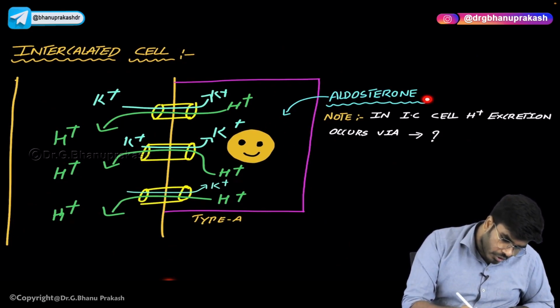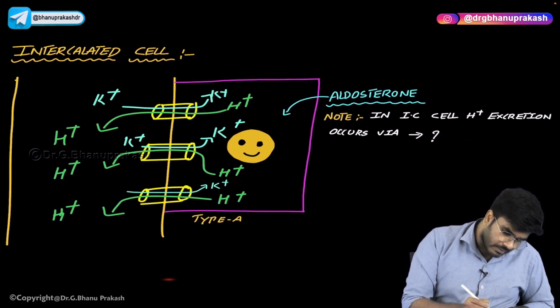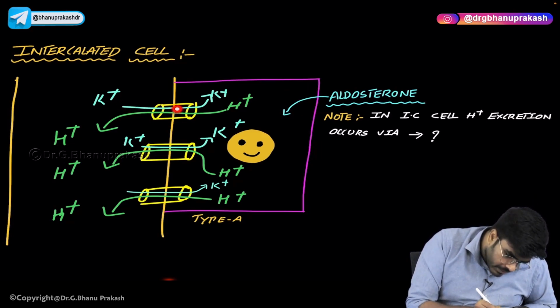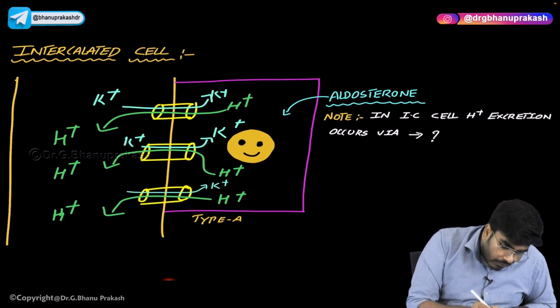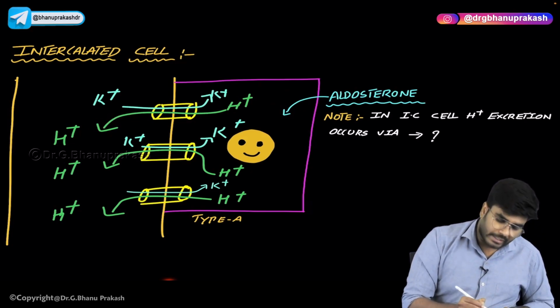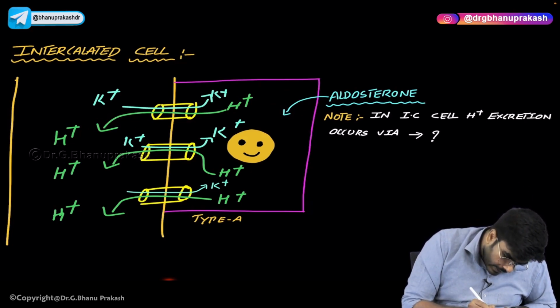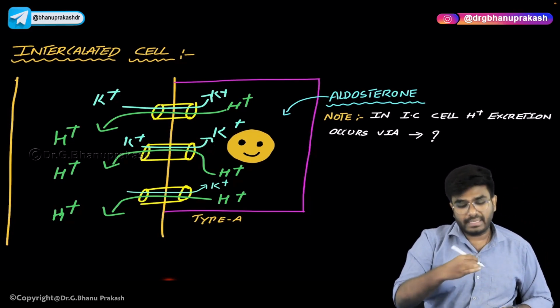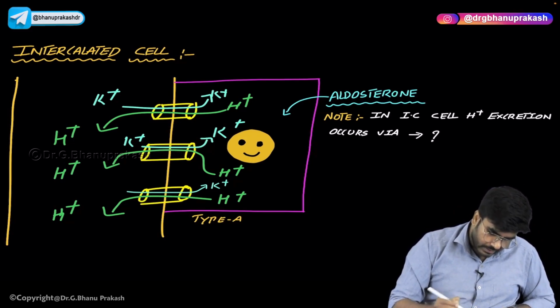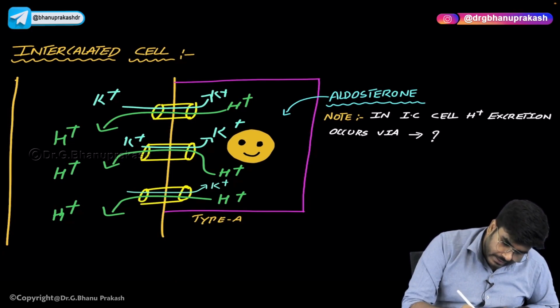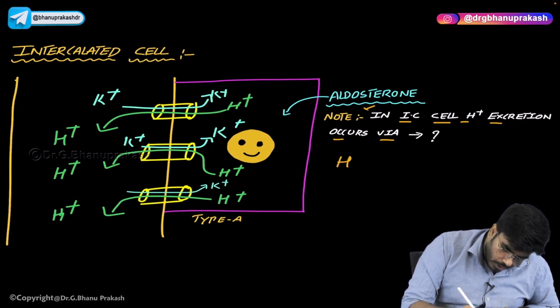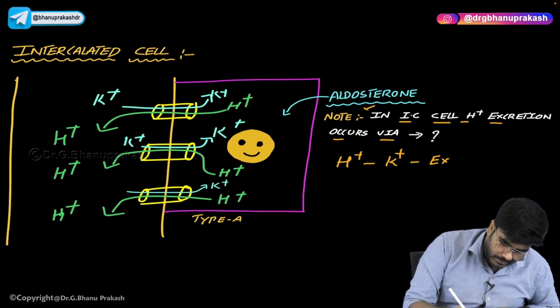Now when aldosterone enters the intercalated cell, what's happening? Potassium is taken in and one proton is excreted out. Proton excretion is exchanged with potassium intake. So let's write the MCQ: in intercalated cell, proton excretion occurs via proton potassium exchanger.